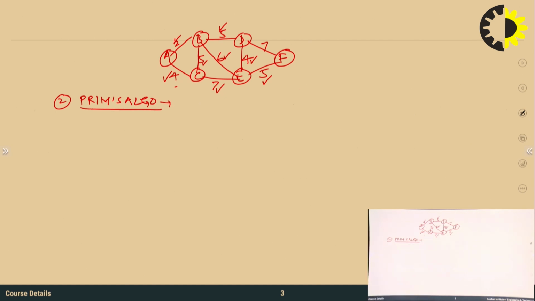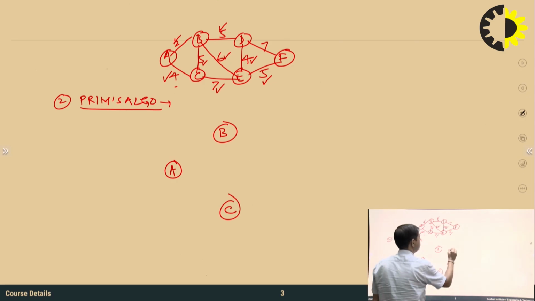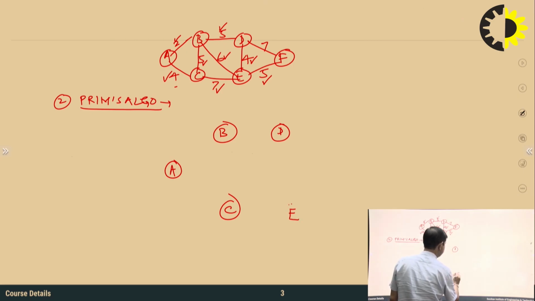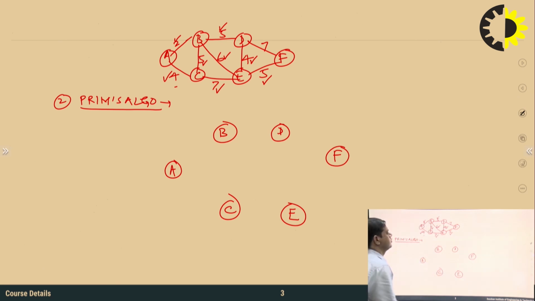Now, in this method, again we will do the same thing. We will make all the nodes as given in the main graph. Here in this location A is given, then this side B is given, then C is given, D, this is E, and this is F. Now, according to this method, I will take any node as a root vertex.